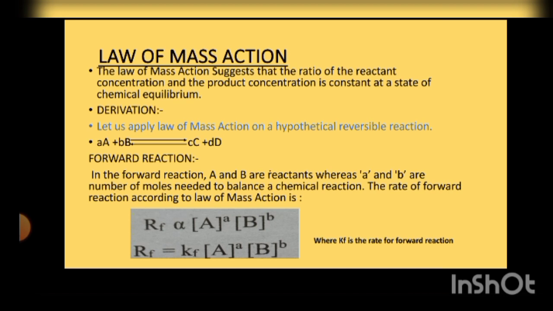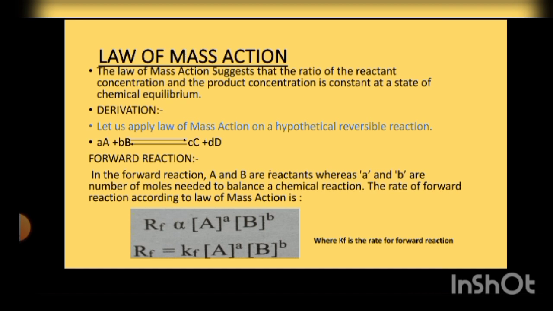First of all, we will consider an equation. As you can see, the reaction is aA plus bB going to cC plus dD, and the small a, b, c, d represent the number of moles. The number of moles is always written before any species.